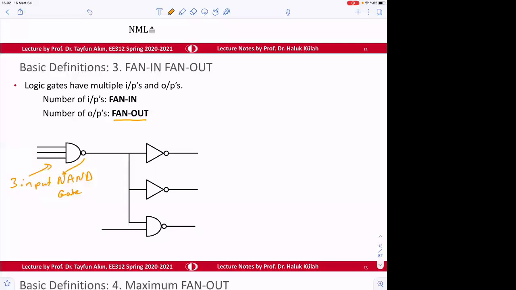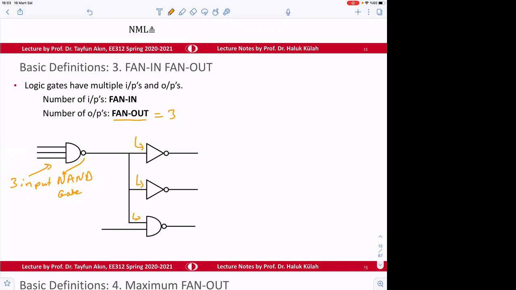So here the loading is going to be the fan out of the circuit. Here the fan out for this circuit is equal to 3. Why? Because there are 3 of them connected here.